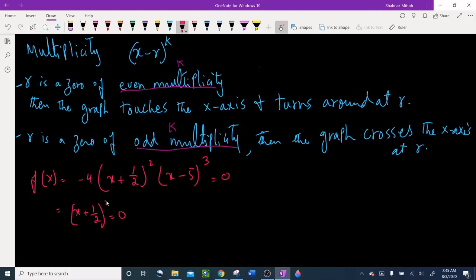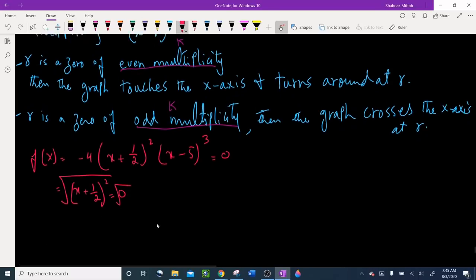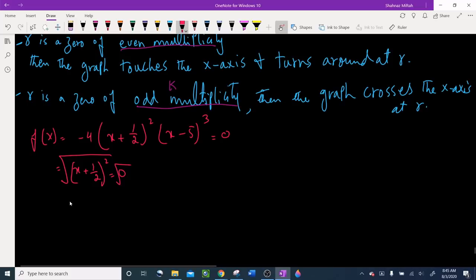To get rid of this exponent, we square root both sides. I get x plus half equals 0, since the square root of 0 is 0, and I get x equals negative half. So this negative half is one zero.